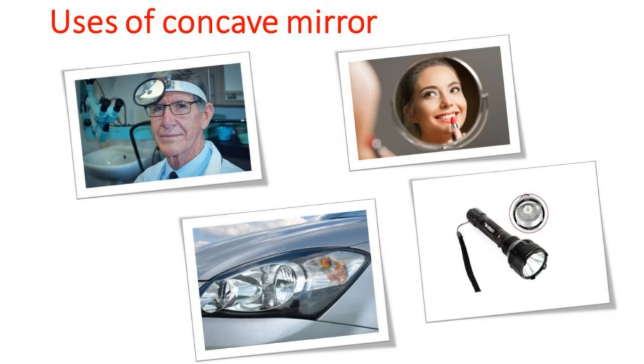Here, our face will be seen magnified. Other applications: concave mirrors are also used as reflectors in torches, headlights in vehicles, and searchlights to get powerful beams of light. Large concave mirrors are used in solar heaters.